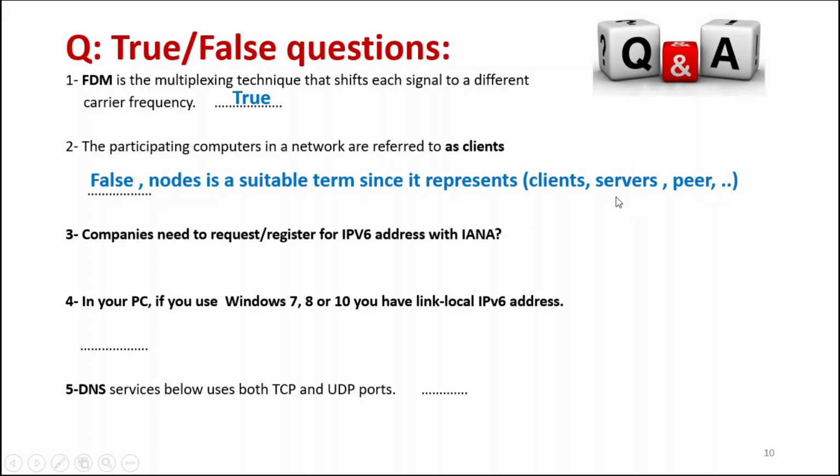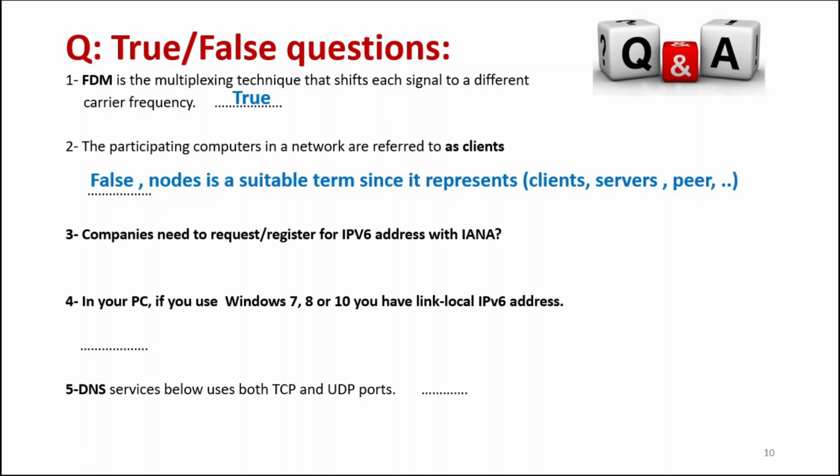It could be a client, but that is one choice, not all the choices. This is why it is false. Nodes should replace clients, because nodes is a suitable term since it represents clients, servers, peers, etc.